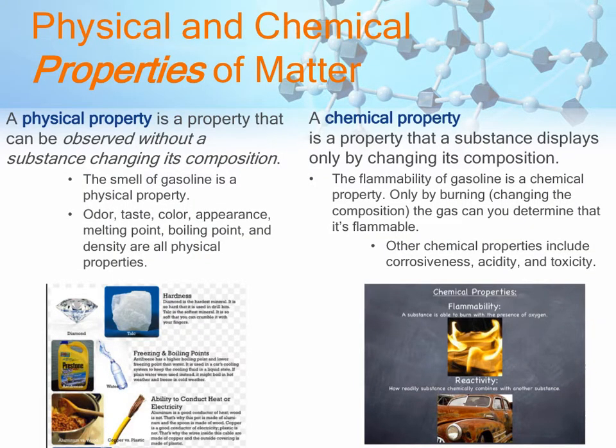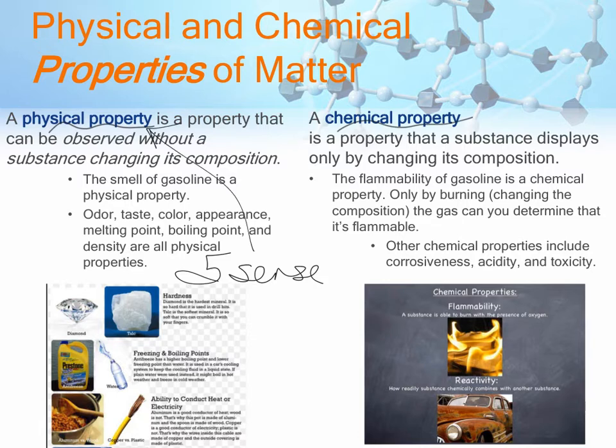So the first thing we're going to do is separate the properties that we talk about into physical properties or chemical properties. Pretty self-explanatory, but a physical property is a property that you can observe without changing the composition of the material. So when you use any of your five senses, smell, sight, touch, any of those things, that's a physical property.